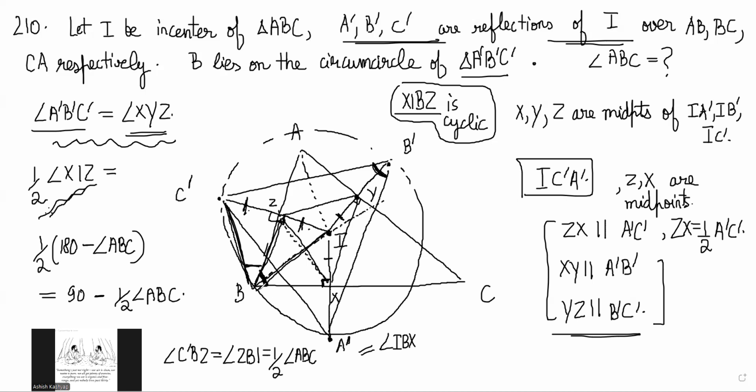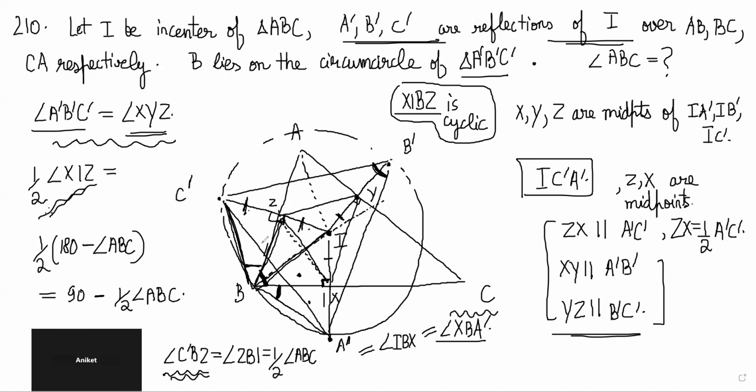Now IBX can be related to XBA dash, because congruency will happen between triangle IBX and XBA dash. So we can say angle IBX is the same as angle XBA dash. So now we are getting equality between C dash BZ and XBA dash.